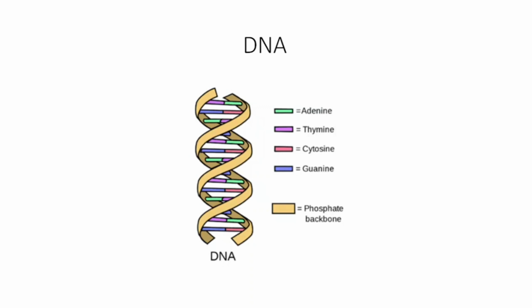The bases adenine, thymine, cytosine, and guanine are known by their initials A, T, C, and G. They pair up in 4 combinations, that is AT, TA, CG, and GC, and coil around each other.